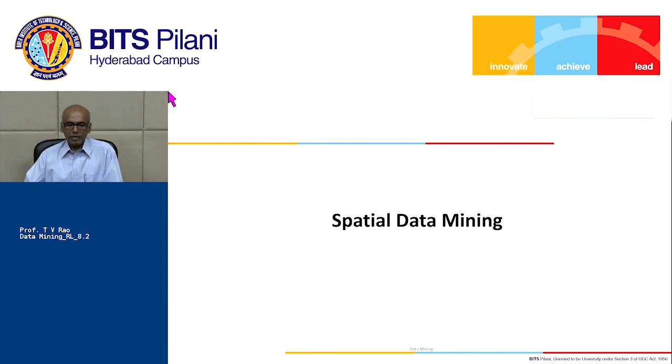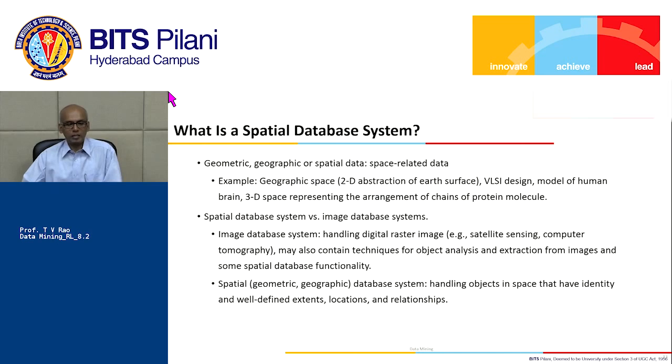When we are looking at a geographical information system, or at a VLSI design, or, for example, the arrangements within protein molecules, the spatial relationship is very important. How things are connected and how far they are, that is going to be the most significant element there.